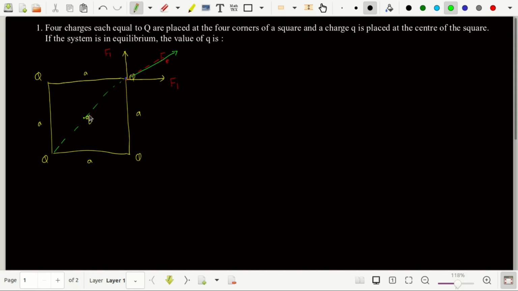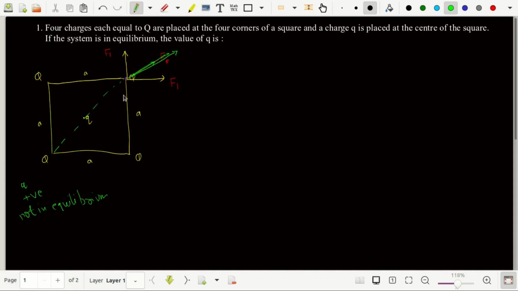Now if I say that the small q charge is positive, it will again push this capital Q away from the system. It will push it away. So it is not in equilibrium if we take this small q charge to be positive. You have to keep this in mind while we are doing questions like this. So this is not in equilibrium.